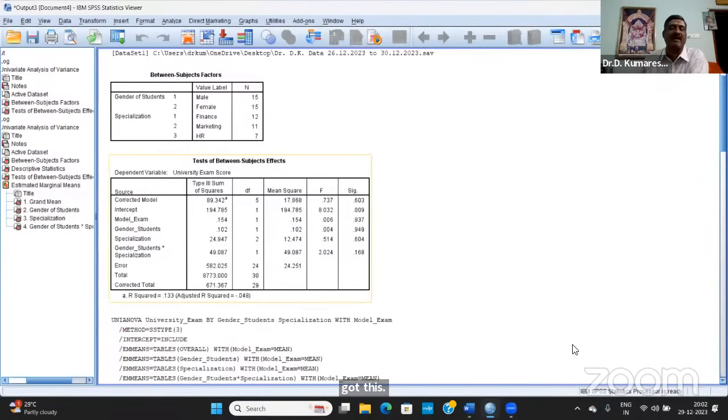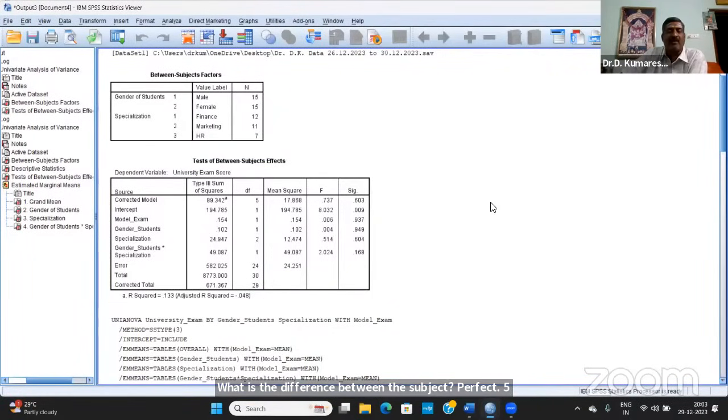These 2 tables only were there. First one, description, that is between subject factors. And this one is between subject effects. So subject effects, what is the difference between subject effects?